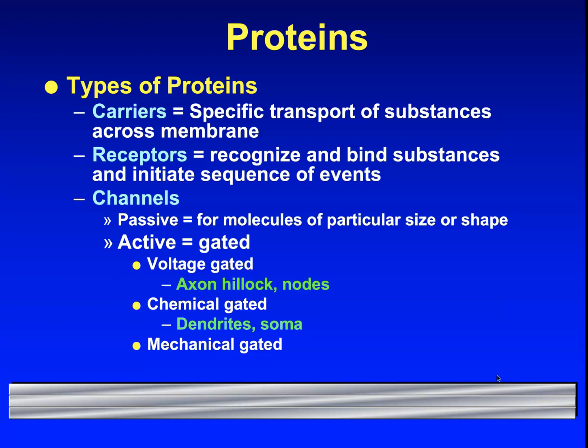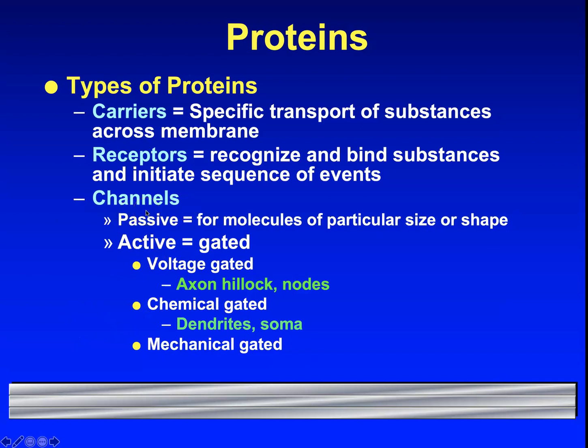All right, and in other areas, if dopamine binds, it starts another sequence of events that's going to lead to a second messenger and a protein kinase being activated. So something binds to the receptor. Aldosterone binds to a receptor. It's going to get into the nucleus and start creation of a protein in the kidney. So things bind to the receptors and start a sequence of events. All right. So receptors are important proteins on the membrane.